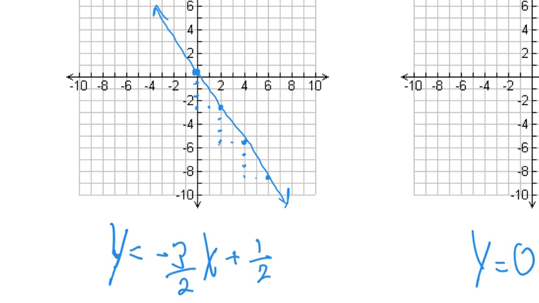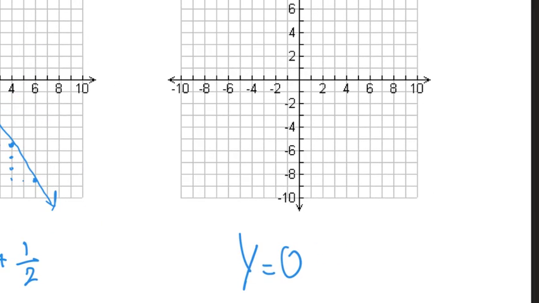This is a decreasing slope. It's pointing down. It's going down from left to right. This is y = 0. So I don't see any slope here. We don't slope up or we don't slope down because y = mx plus b, and we only have a b number. We don't have an x here.